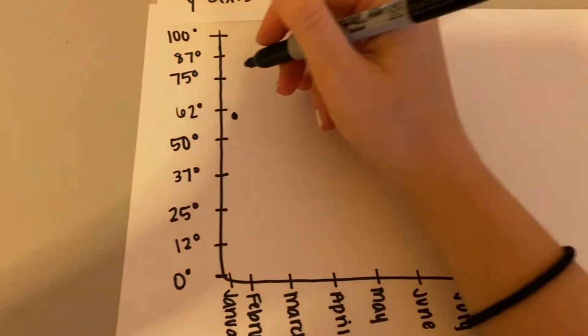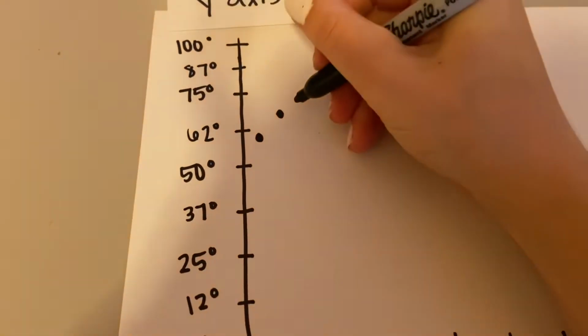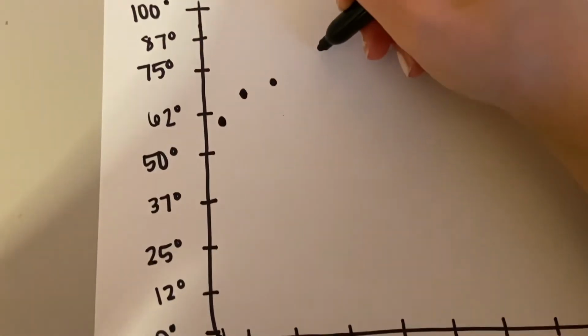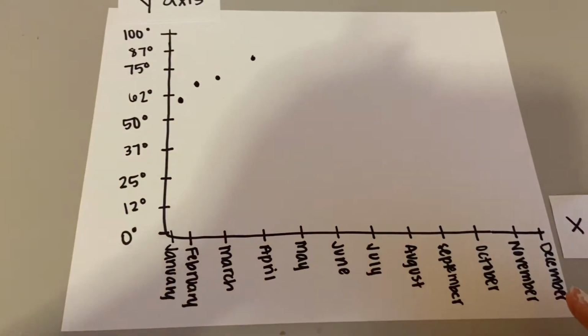Now we're going to go to February, and February was 65. So it's going to be just a little above, not too much. Then March was 73. And then April was 80. I need to make sure I'm still staying on the April line. It's going to be right about here, I guess. And then you're just going to finish using all of them.